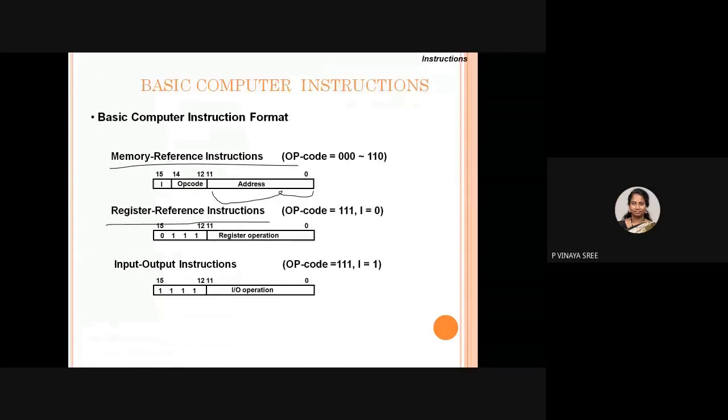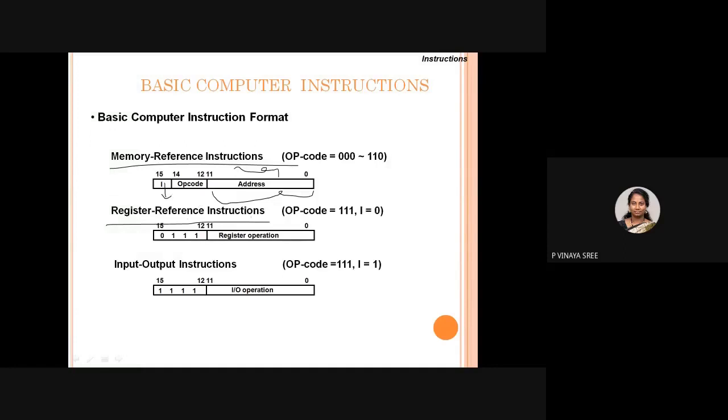Here 4096 means 2 power 12. So you represent bits 0 to 11 as address, 12 to 14 as opcode, and 15 as the mode bit, which says whether the address specified here is direct or indirect. That will be decided by the 15th bit. So that is memory reference instructions that we have discussed.